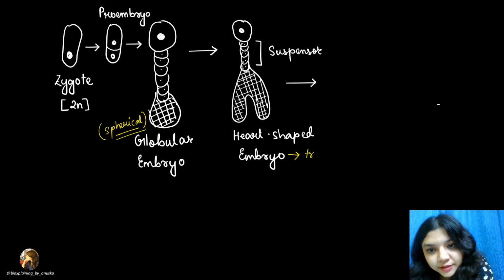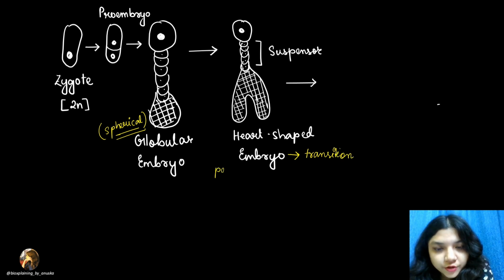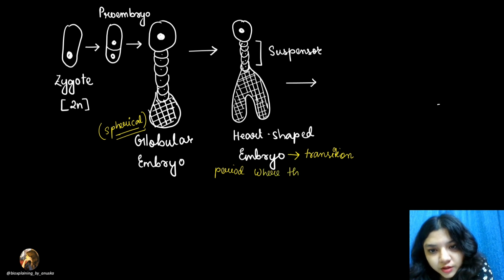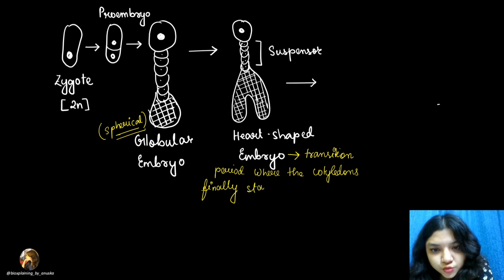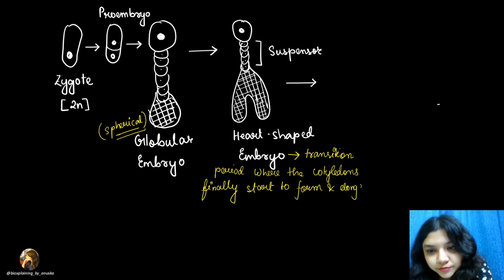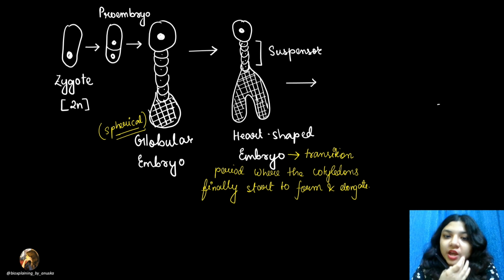So I can write that this heart-shaped embryo is a transition period where the cotyledons finally start to form and elongate. Okay, so this name is given because the shape kind of looks like a heart, right?